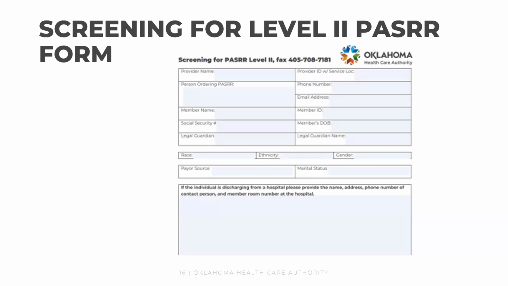If it does not have a field for an email address, and if that number on the top where it says screening for level one or for PASSR level two, where it has the fax number in bold, if it does not have a fax number in bold, then you are using an outdated form and will need to obtain the new form. Next screen.